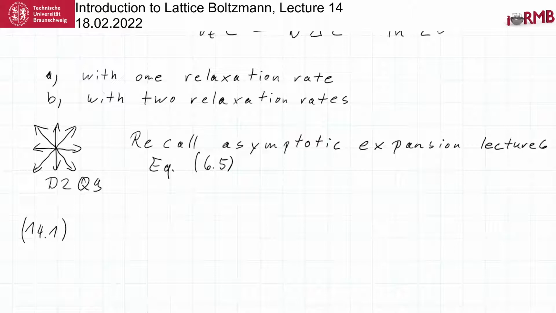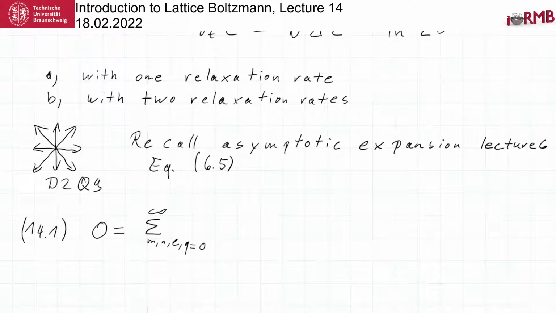So the asymptotic expansion that we had there was the sum over, we need a lot of indices now, m for time, n and l for space, and q for the order.